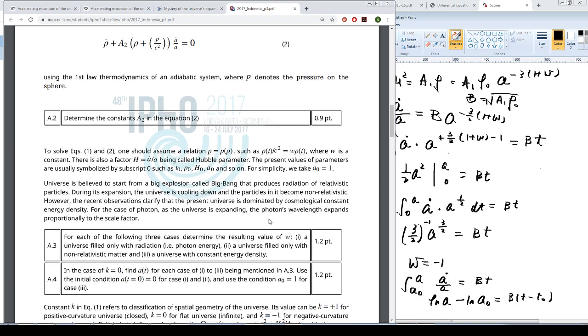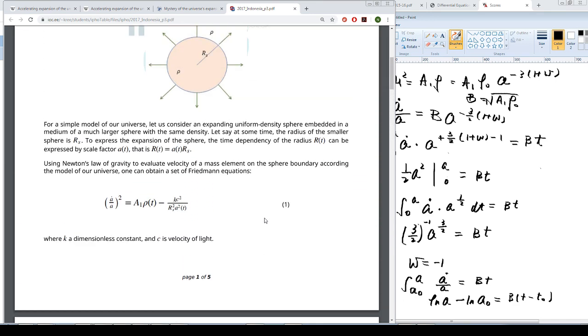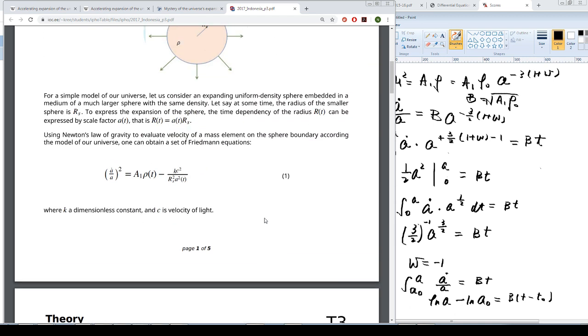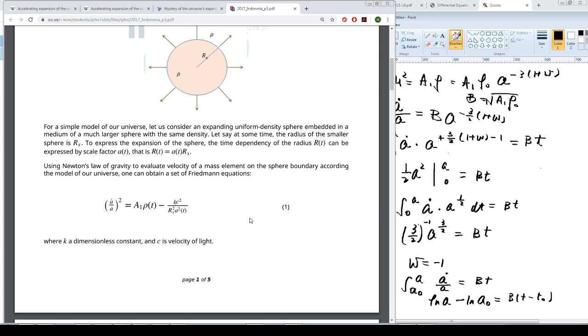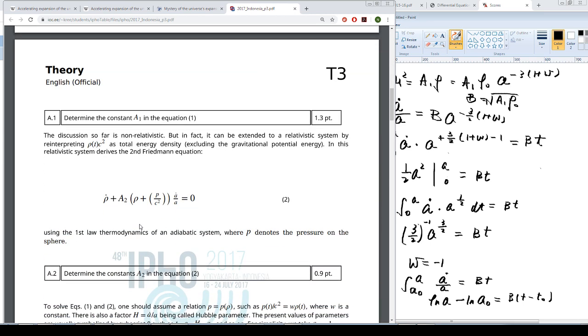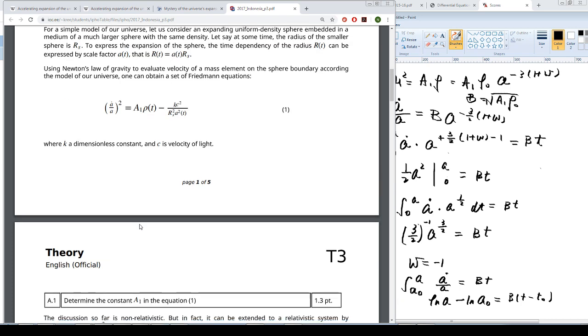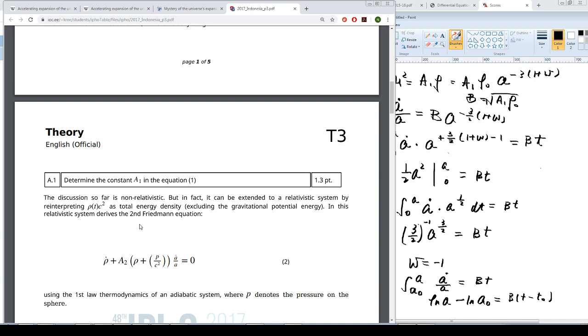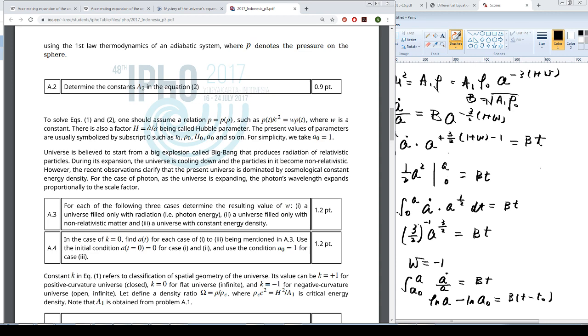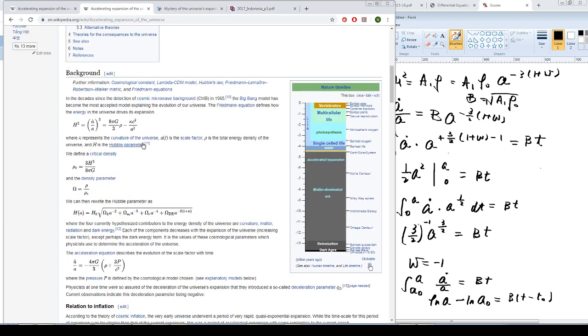So in terms of these solutions, that's when a double dot becomes negative. But isn't a double dot always negative?